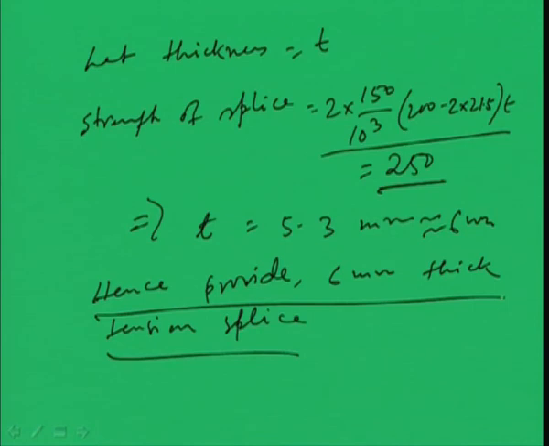Hence provide 6 mm thick tension splice on both sides. Okay. So in this way you can make it. So both ways you can find out: either we can assume the thickness of the tension splice and then check whether it is okay or not, otherwise we can make it equal to the applied force, which is equal to the strength of the tension splice. From that we can find out the thickness, right.